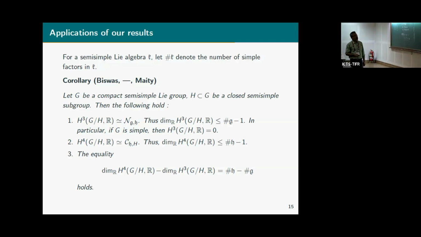And I would like to mention the last thing. In a semisimple setting, if both are semisimple, then H4 minus H3 is the number of simple factors of H minus the number of simple factors of G. And this is something easily computable in a special situation.